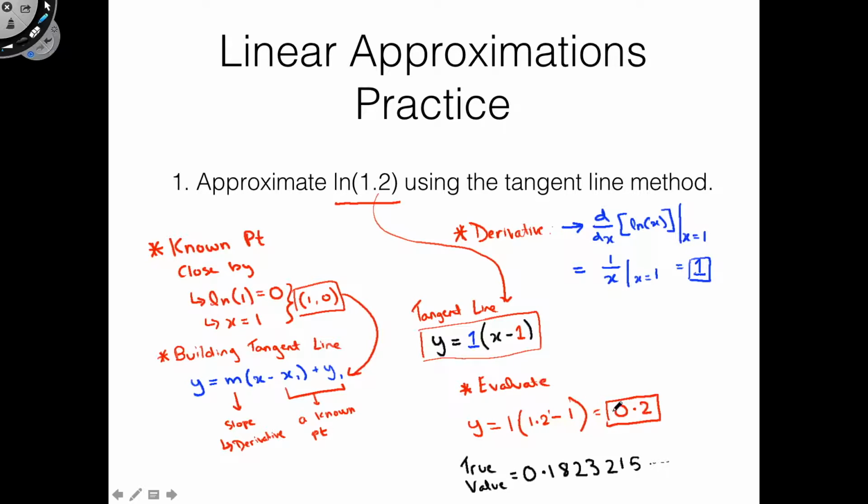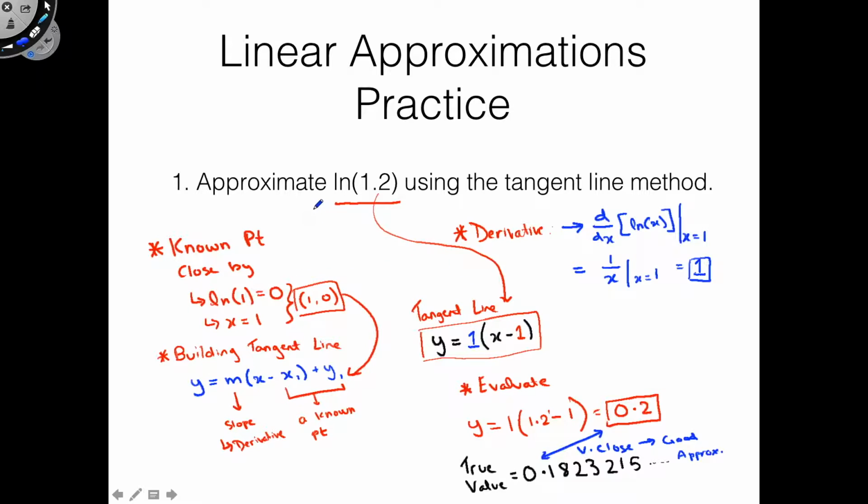But as you can see, those are really, really close. So we have a good approximation, and we've done our job.